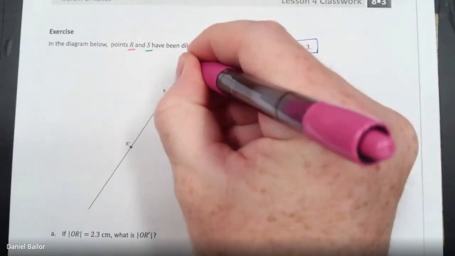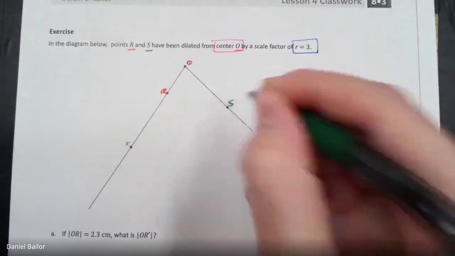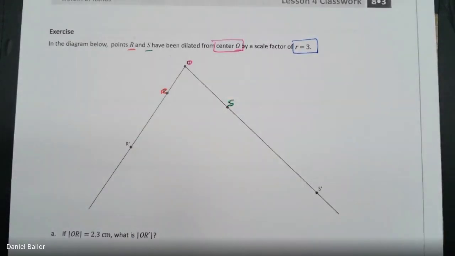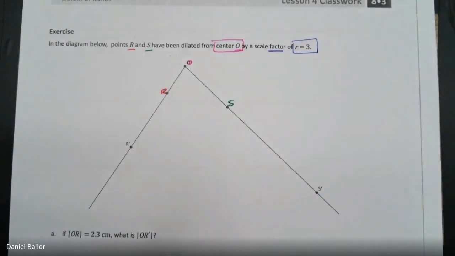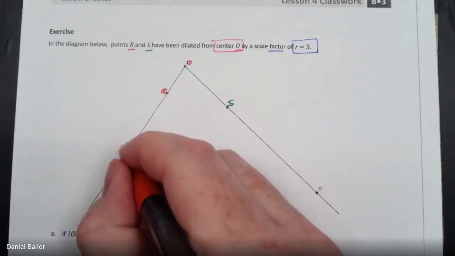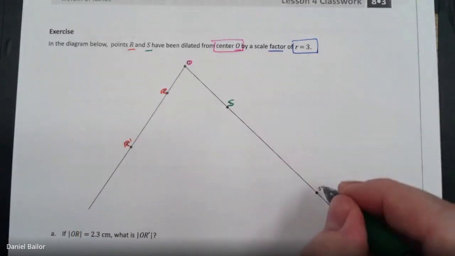So here's center O, here's R, here's S, and the scale factor is 3, which you know scale factor means we multiply. So R gets multiplied by 3 to make R prime, and S gets multiplied by 3 to make S prime.